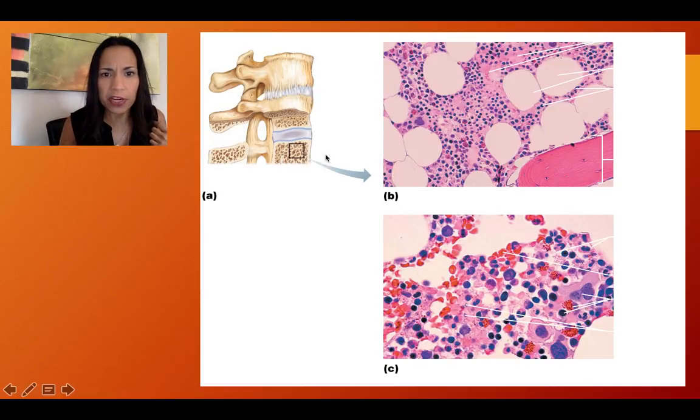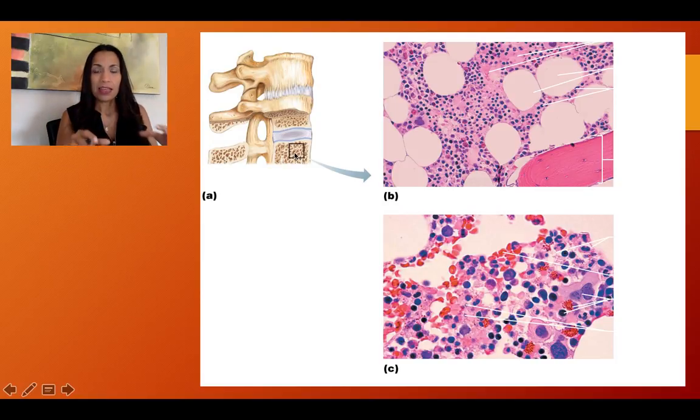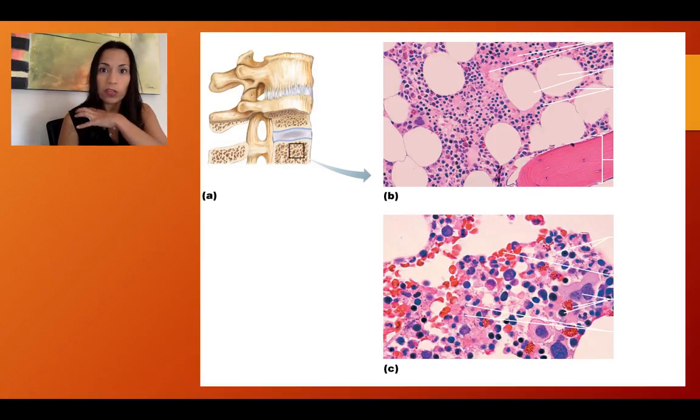Here you can see the vertebrae, in the spongy bone, in between the trabeculae. In the appendicular skeleton, we also have red bone marrow in the bones of the pectoral and pelvic girdle, and only in the proximal epiphysis of the humerus and the femur. Those are the locations of red bone marrow in the adult.